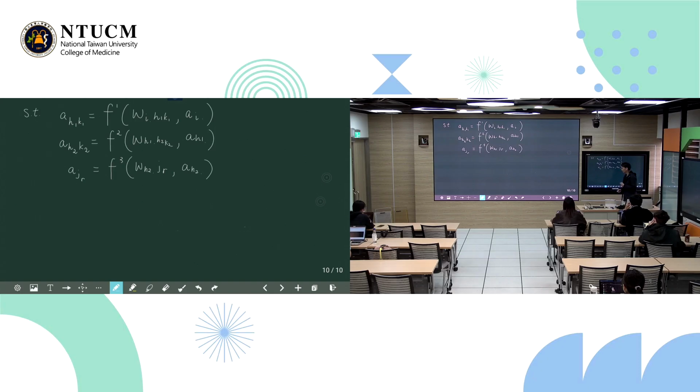Now, call this equation 1, equation 2, and equation 3. You'll see this describes a forward propagation of activation states, activations. And in fact, it's a wave.